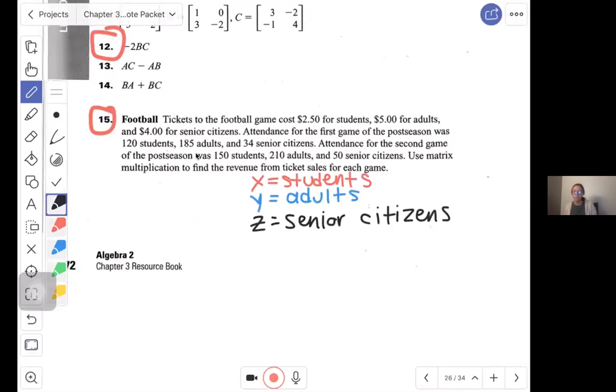So if we want to make an equation to represent the revenue for the first game, how should that look? We don't know what our revenue is. That's what we're trying to solve for. So we have students, adults, and senior citizens. 120 students came to the first game.